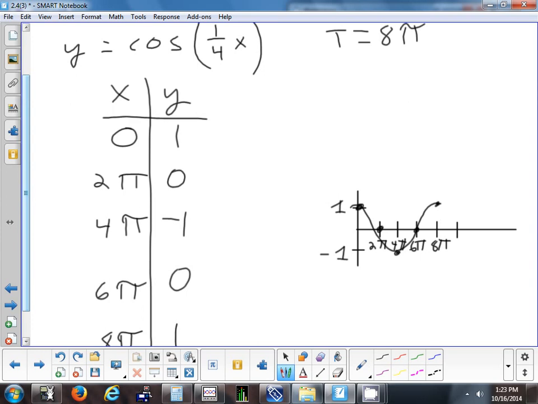So has this graph compressed or stretched? Stretched. Okay, normally cosine would do its thing between 0 and 2 pi. Now it's going to go all the way out to 8 pi. It's going to go out 4 times as far just to get through one cycle or one period. So it's been stretched by a factor of 4.